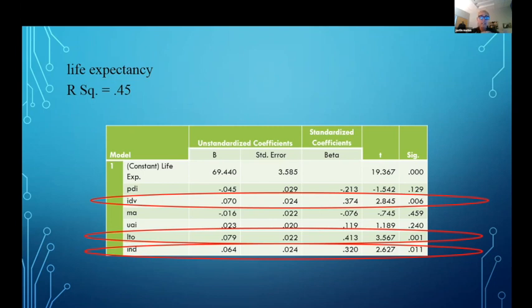Now, in terms of interpreting what it means, if you look at the beta column, 0.374 for individuality, long-term orientation 0.413, and indulgence 0.320.